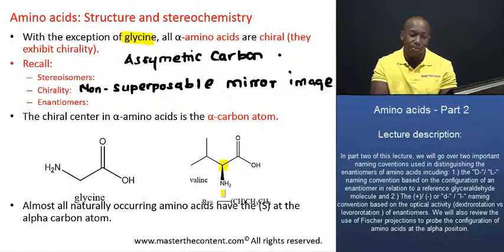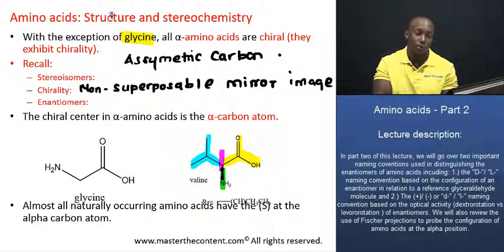As you can see, it is bonded to 4 different groups, so I'm just going to highlight them. That's the first one, this is another group, and this is another group. And the last one, not depicted in this structural representation, is our proton, the hydrogen atom attached to that carbon.